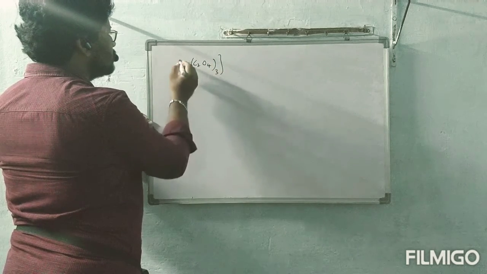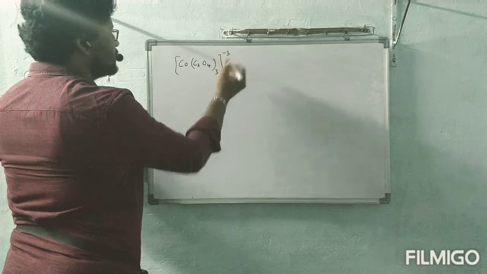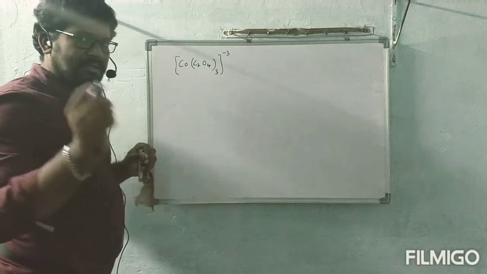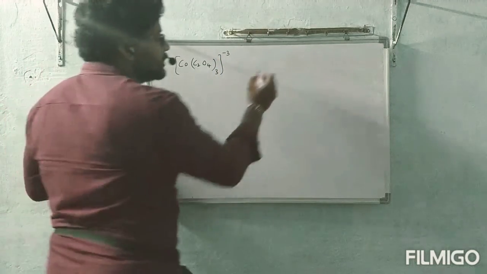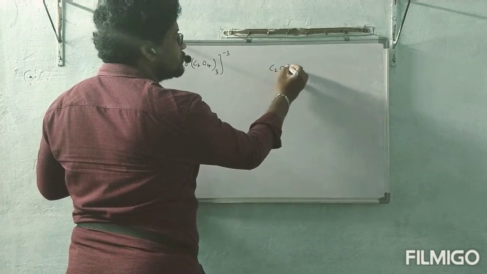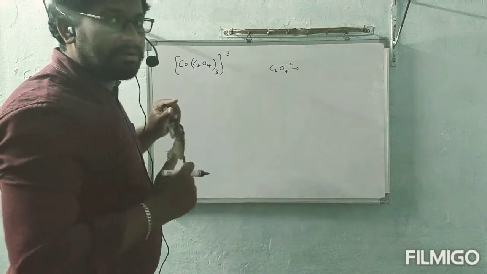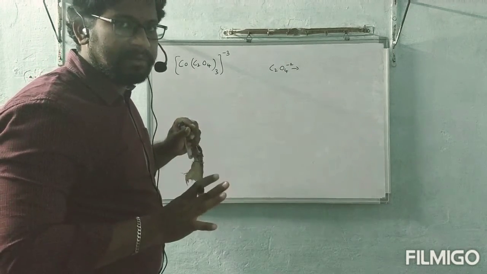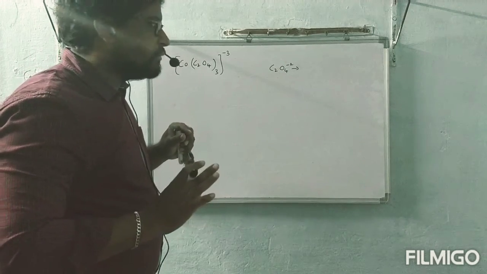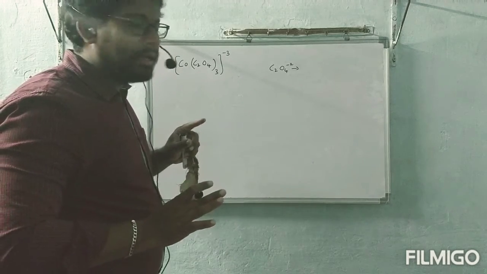[Co(C2O4)3] minus 3. One exceptional case is C2O4 minus 2. In that order, it is before water only. It is a weak field ligand only.